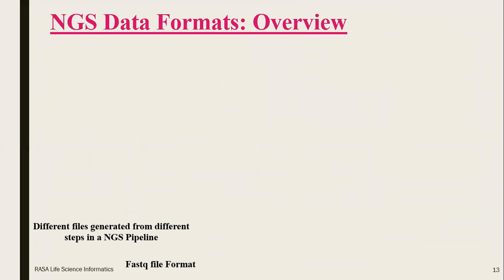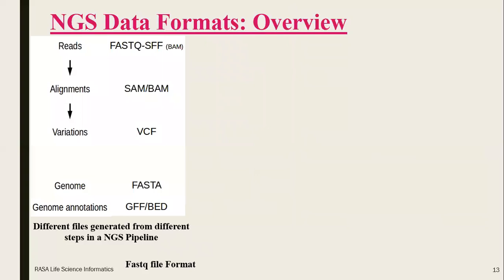So there are a lot of file formats related to NGS analysis. The different sequence platforms and different sequence related formats include different information about the sequence. NGS file formats of raw data usually come in FASTQ format. What we see in the NCBI SRA database are the SRA formats.